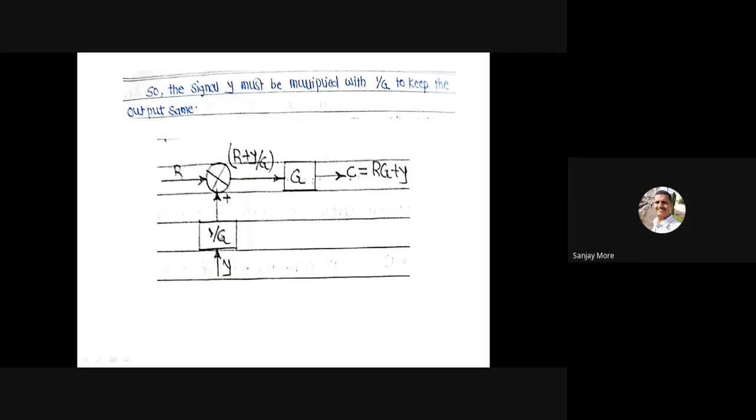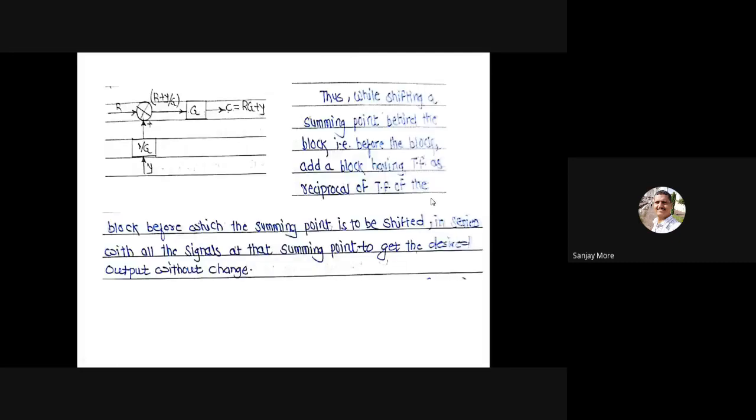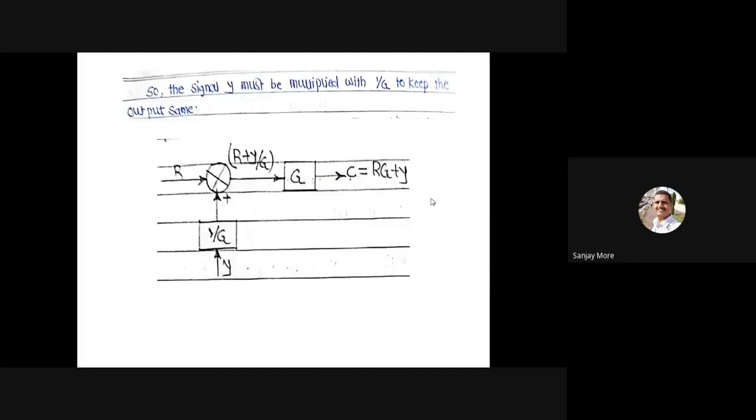Means R here, Y with plus sign, 1 divided by G, then passed to the second block G. Therefore, the output C equals RG plus Y. Here RG plus Y is the answer, the output will be the same.